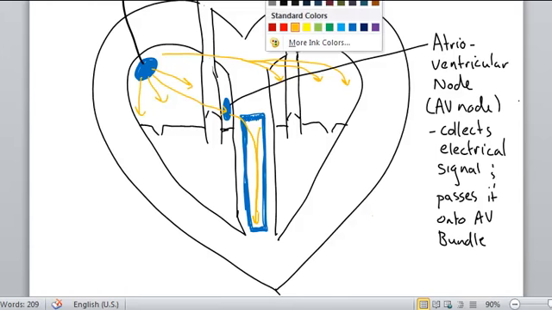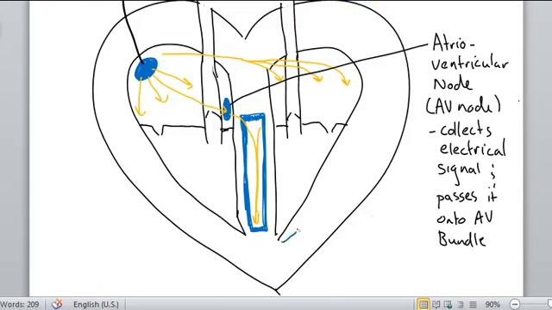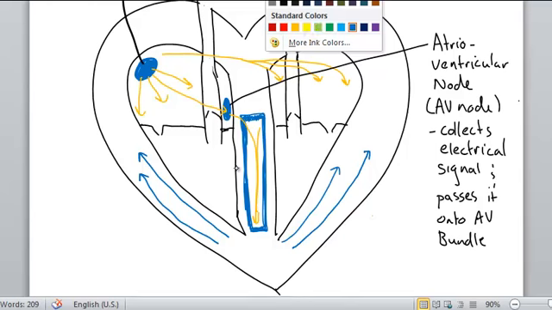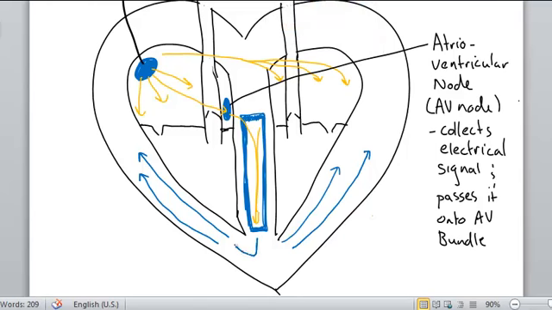The AV bundle then hooks up to nerve fibers called Purkinje fibers, which then cause the contraction of the ventricle from bottom up so that the blood can be forced out the top of the ventricle, out the arteries. So this electrical signal will be carried along these Purkinje fibers, causing contraction from bottom to top.